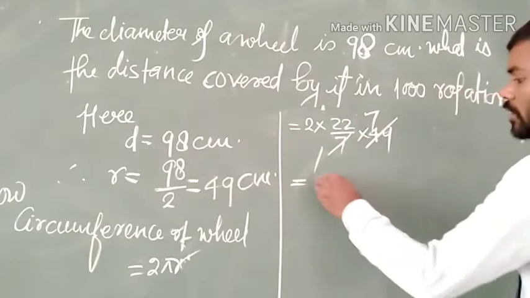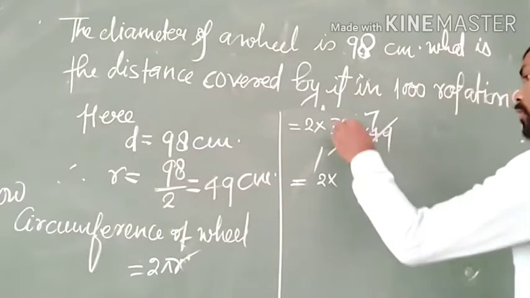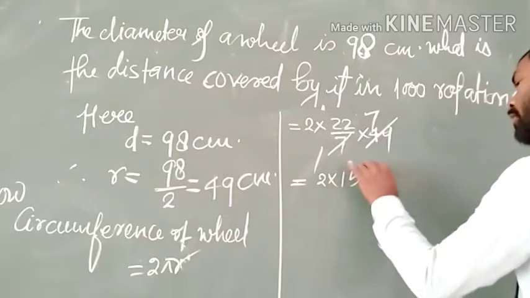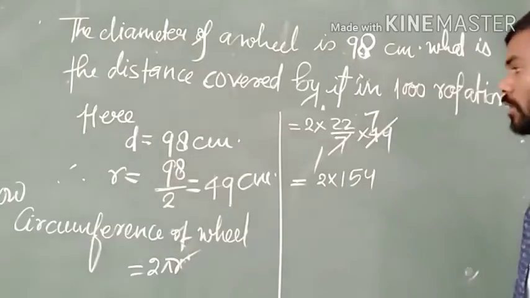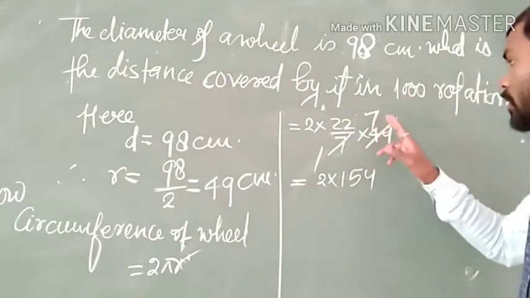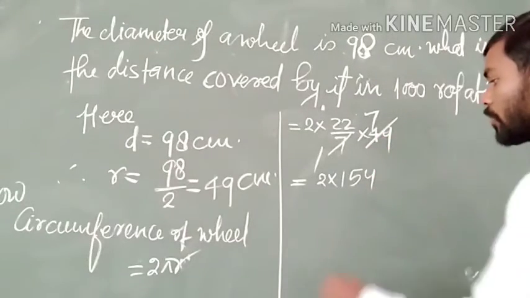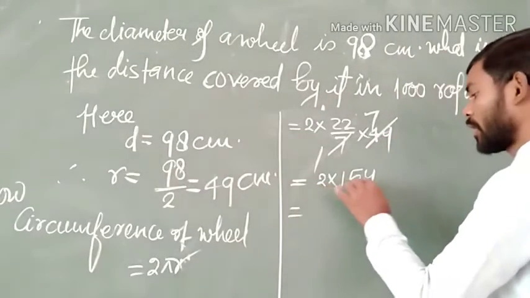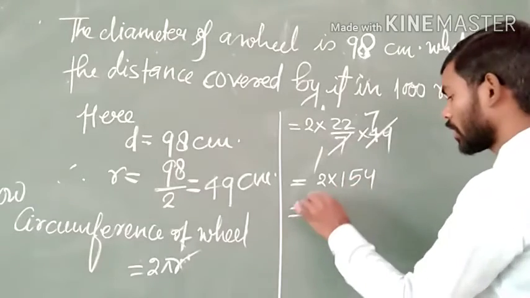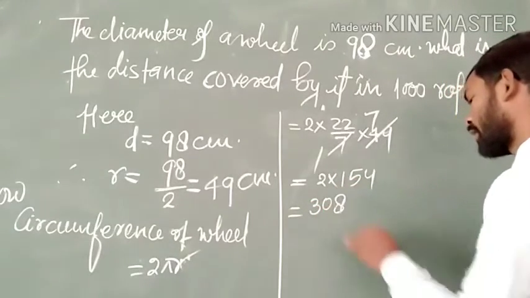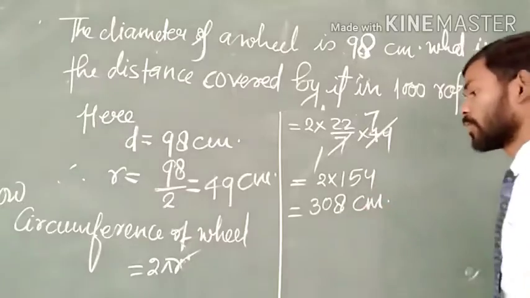So here we get 2 into 154. When we multiply 22 by 7, we get 154. And after multiplying by 2, 154 gives 308 centimeter.